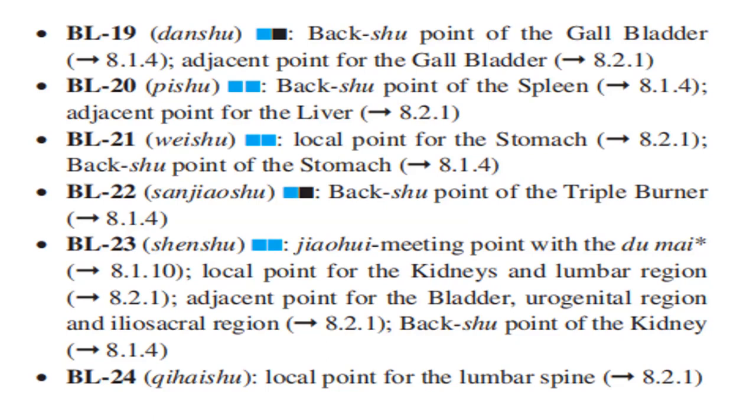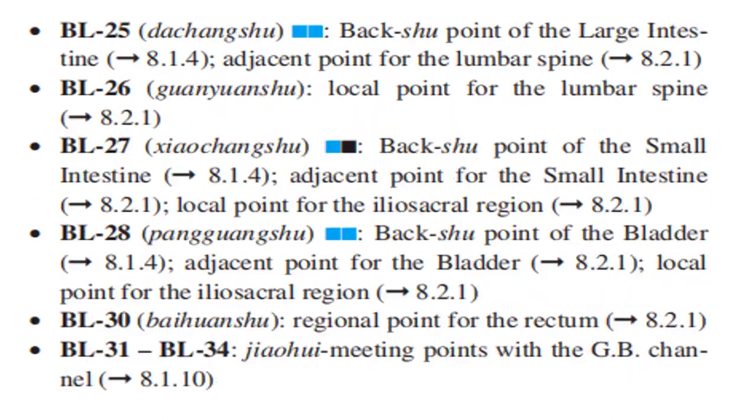Bladder 23 is the Yao Wei meeting point for the Du Mai, local point for the kidneys and lumbar region, adjacent point for the bladder, urogenital region and iliosacral region, Back-Shu point of the kidney. Bladder 24, local point for the lumbar spine. Bladder 25, Back-Shu point of the large intestine, adjacent point for the lumbar spine.